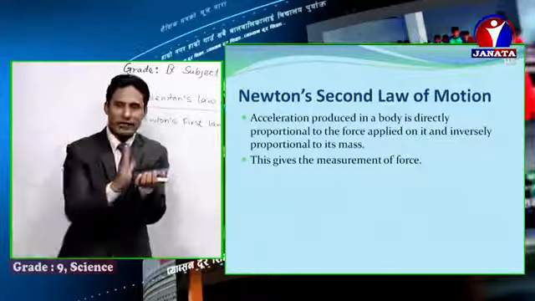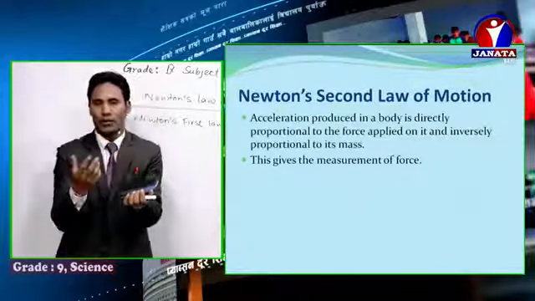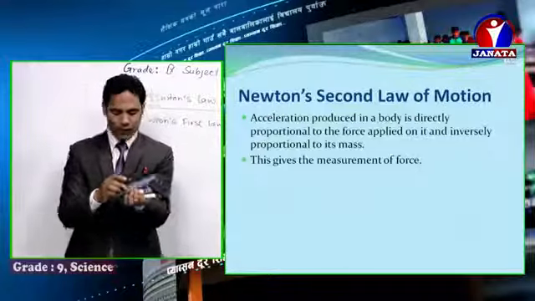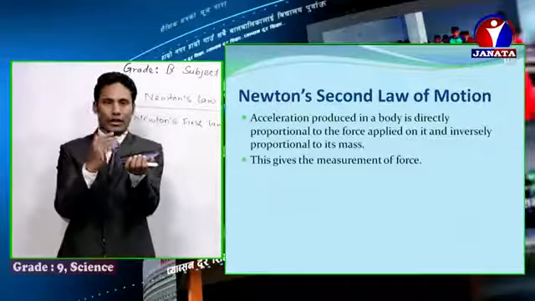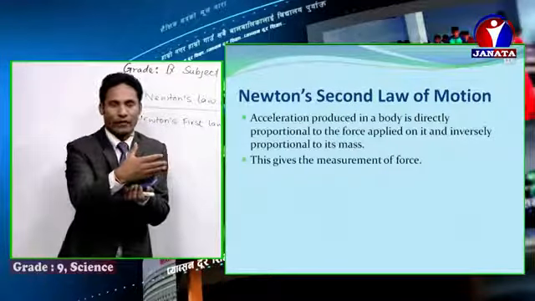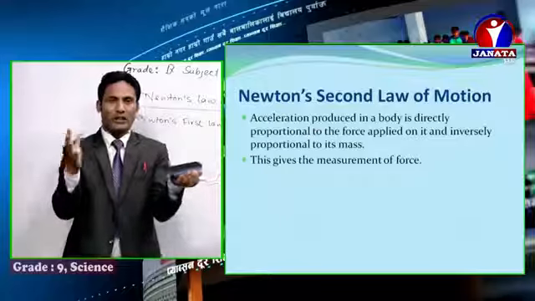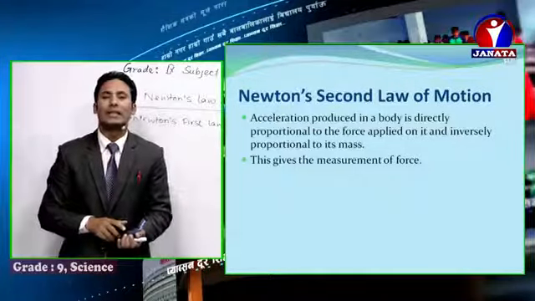If I push it very hard, then the acceleration produced on it is more. Similarly, if I push a small object with a certain amount of force, the acceleration may be more. If I put a big object and apply the same amount of force, then the acceleration will be decreased.